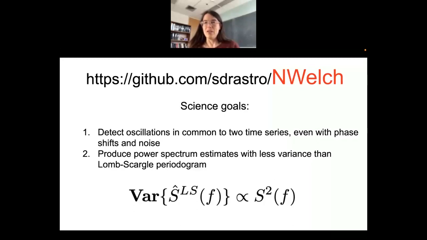When you analyze the power spectrum of the cross correlation of two time series, it is a good way to reveal oscillations that are common to the two time series. That's really helpful when you're studying exoplanets, because if you find that your radial velocities in a Doppler survey and some kind of stellar activity indicator share an oscillation at a certain period, then that's a red flag. You know not to claim a planet detection at that period, because that's going to be a stellar signal.